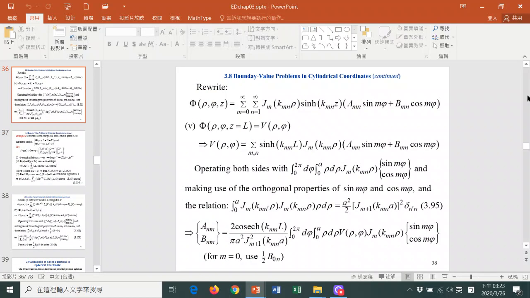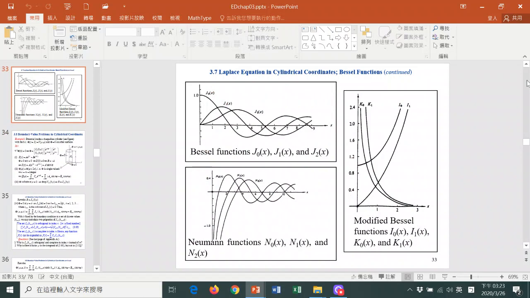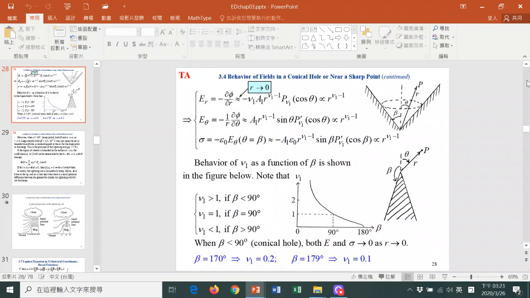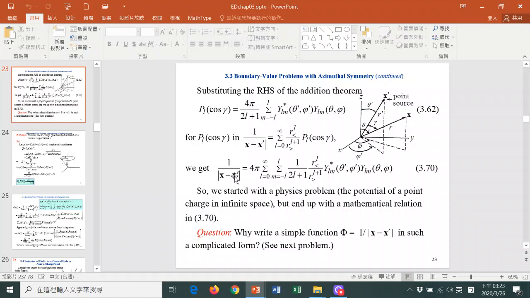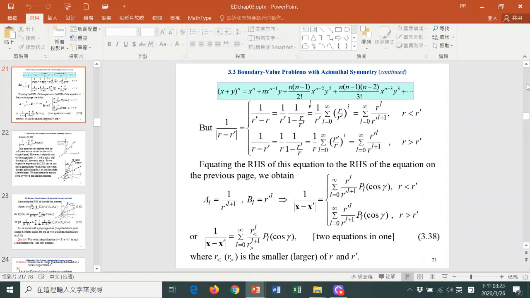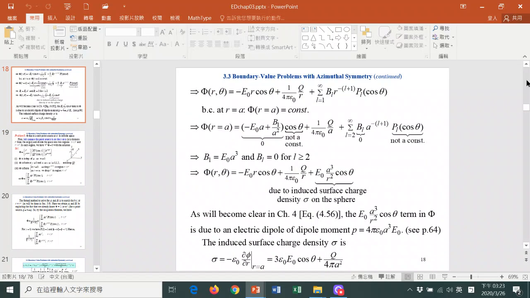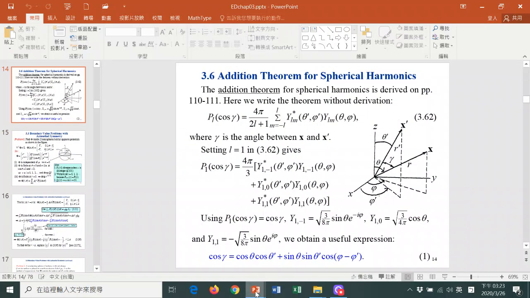That's for harmonics. For example, this one, Y_lm, 3.70. This one, once again, we have various expressions for 1 over |x minus x prime| squared.